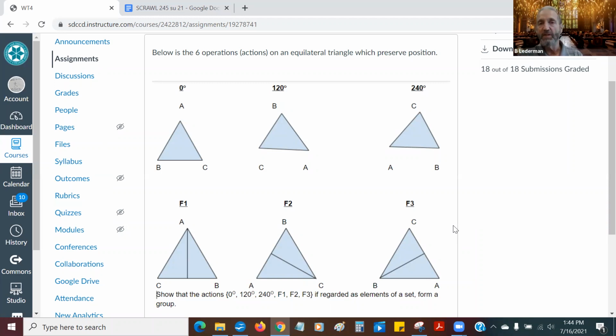So I could take these 6 operations and put them in a set. Well, guess what? Turns out that these operations form a, that's right, you heard me, these operations form a group. So let's see how this works.